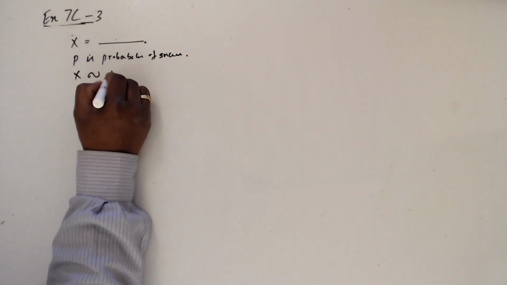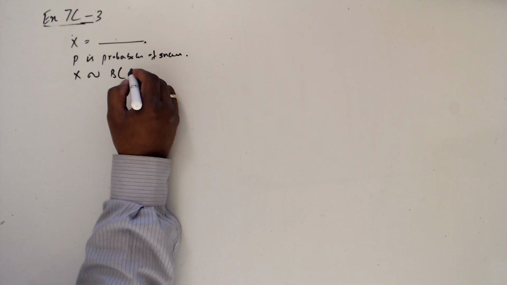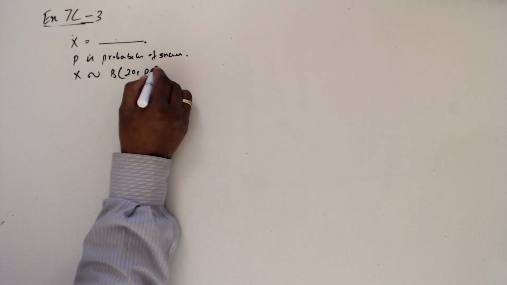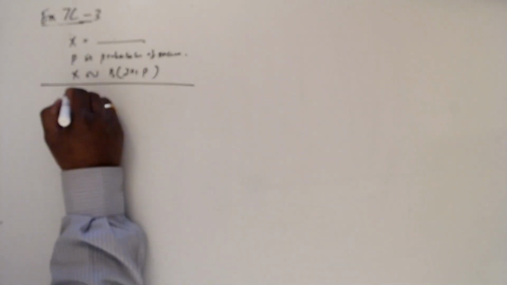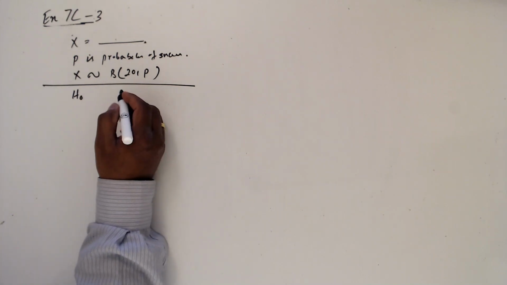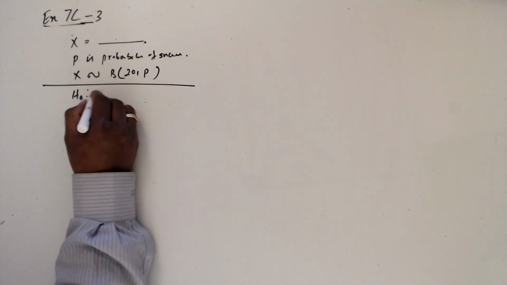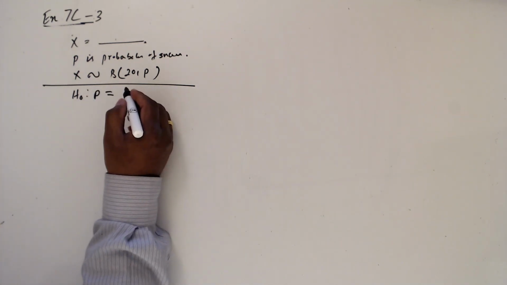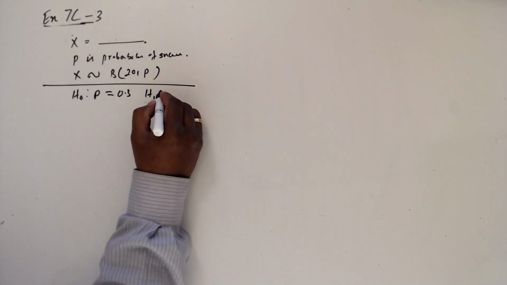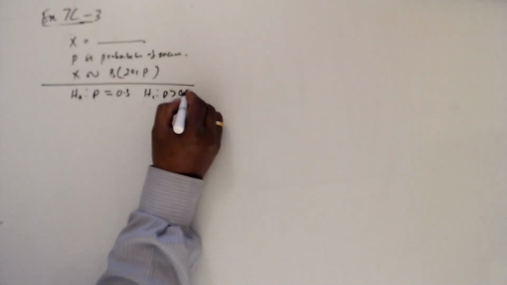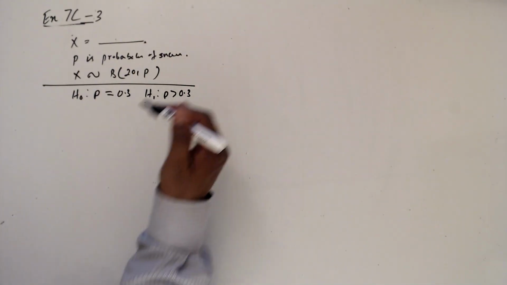So X follows binomial 20, p, then H0 is P equal to 0.3, and H1 is P greater than 0.3. So this is the upper tail.